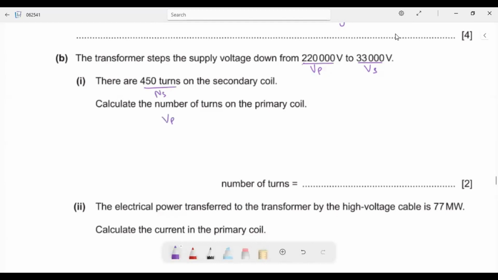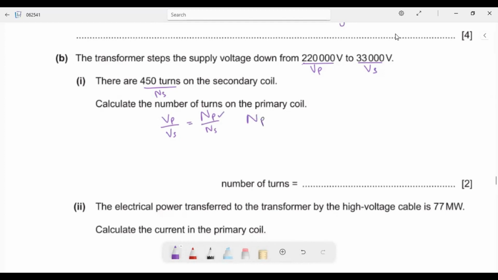The equation is Vp by Vs, voltage in primary by voltage in secondary, is equal to number of turns in primary by number of turns in secondary. We need to find the number of turns in primary.